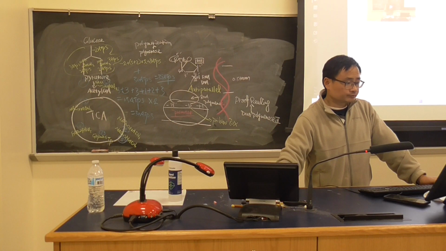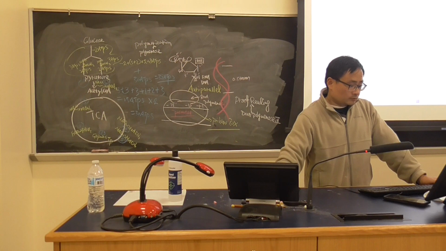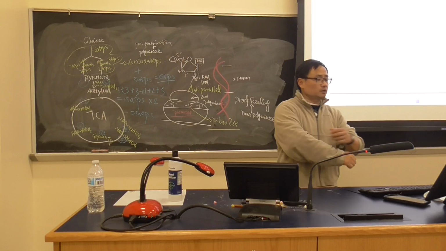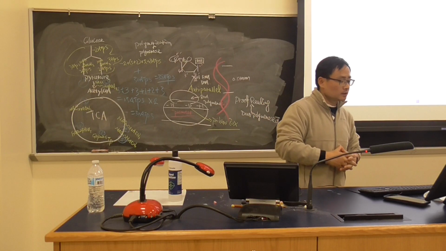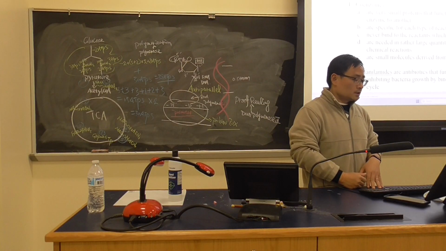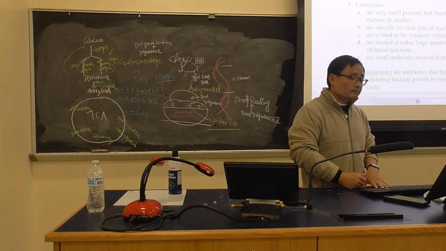Okay, this is something we mentioned, but somehow we didn't talk too much about. So I will just tell you the answer, then you can use it. What is a coenzyme?